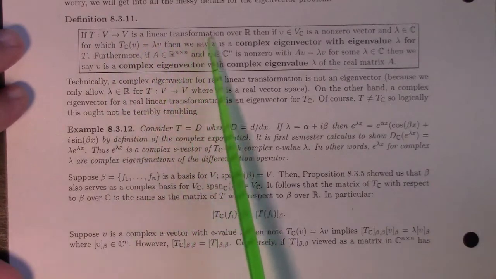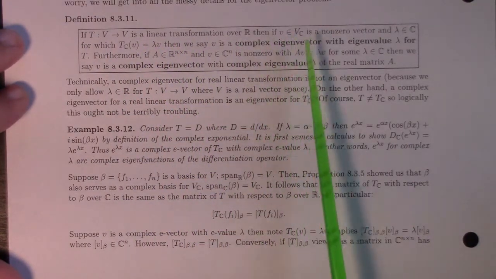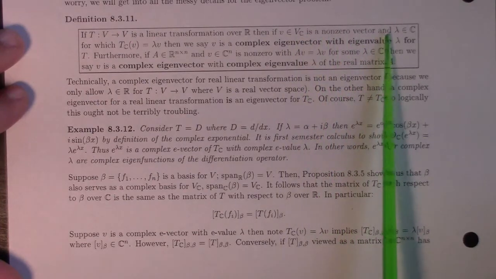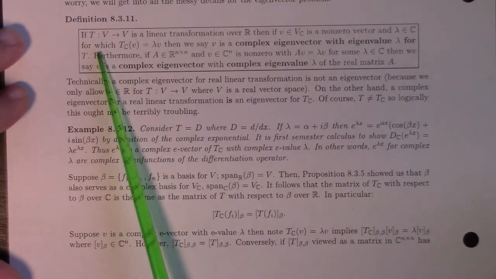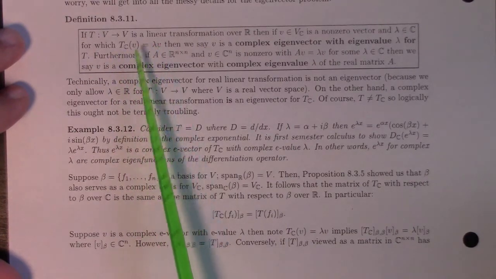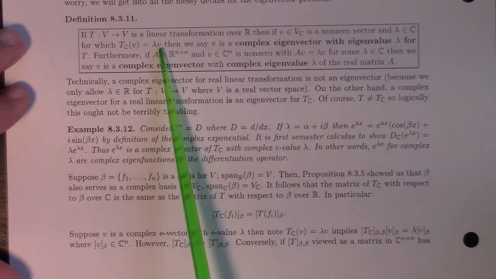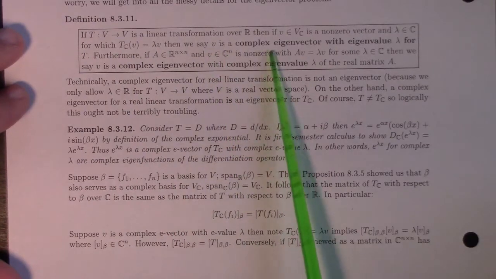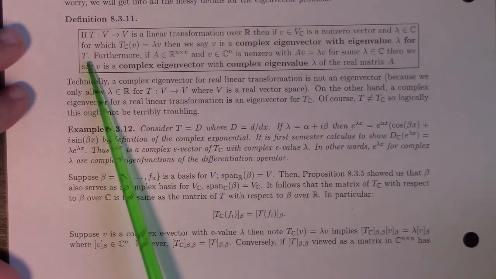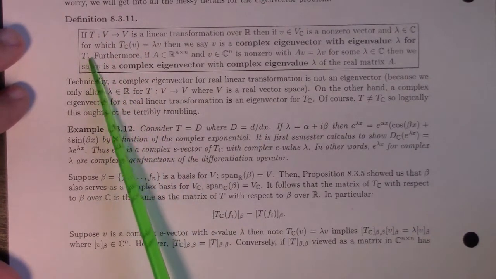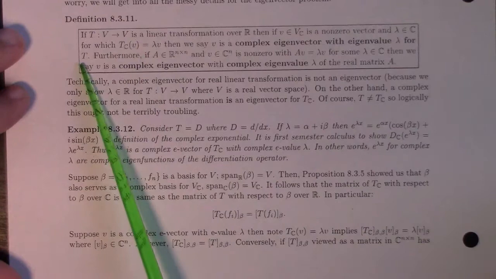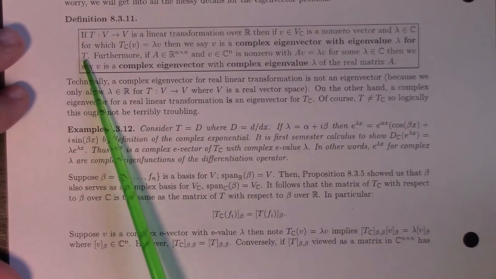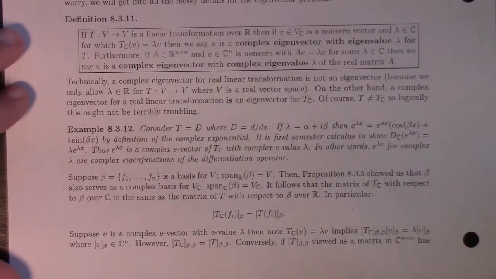Definition: if we have a linear transformation T over the reals, and if v in the complexification of V is a non-zero vector and lambda a complex number for which T_C of v is lambda v, in other words, v is a complex eigenvector of the complexification of T, then we say v is a complex eigenvector with eigenvalue lambda for T. Technically speaking, v is not an eigenvector for T itself, because lambda is not a real number, so lambda is not an eigenvalue for T as a real transformation on a real vector space.